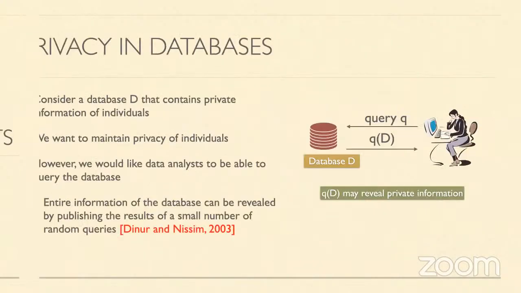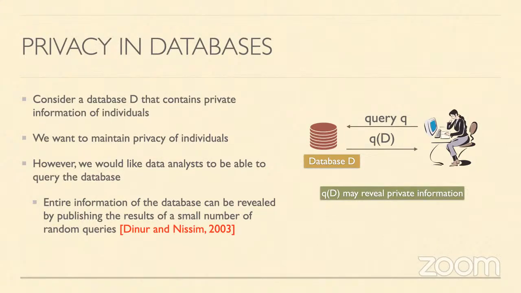The problem that we're considering in this paper was verification of differential privacy. The scenario is that you have databases with private information, and you want to perform some queries on these databases.